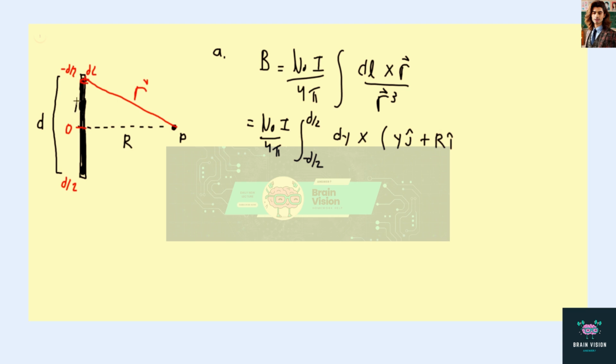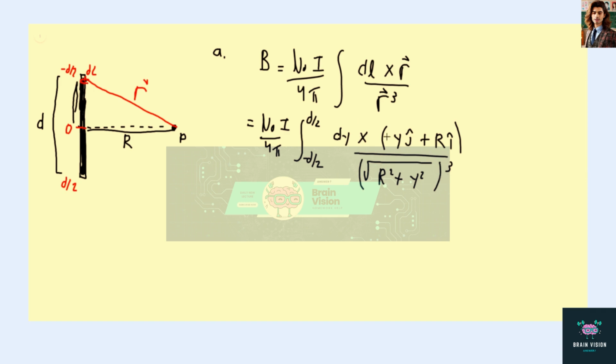It has this much vertical component and this much horizontal component. And then we have this over r cubed. By the Pythagorean theorem, r should just be the square root of big R squared plus y squared, so we'd want this to the cubed.